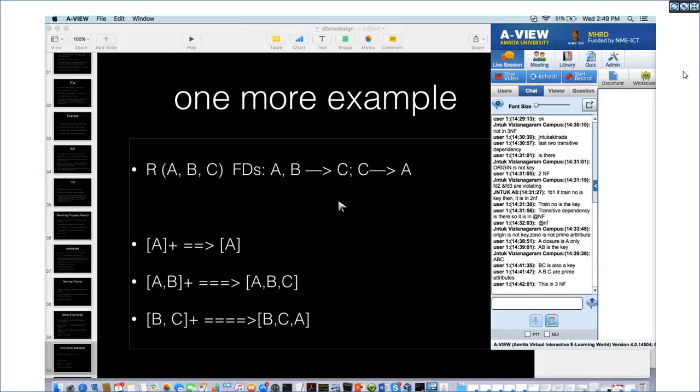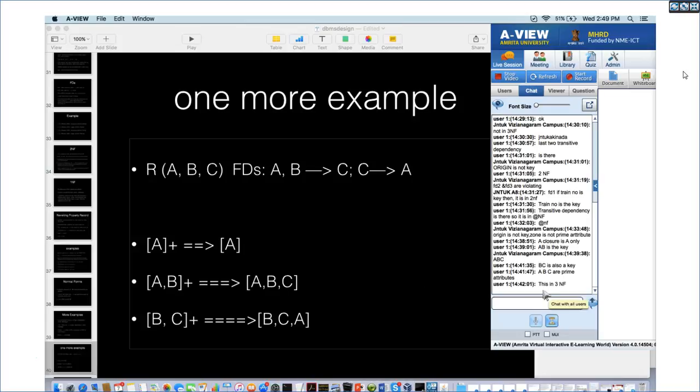So the first FD satisfies both 3NF and BCNF requirements, whereas the second FD satisfies only the 3NF requirement. So the relationship is in 3NF.